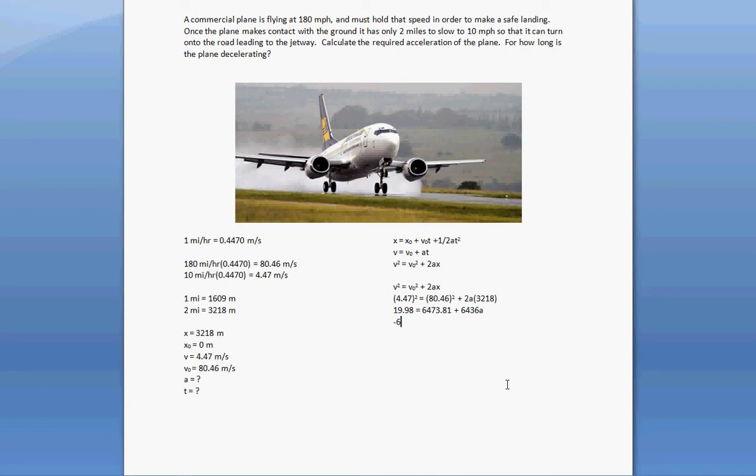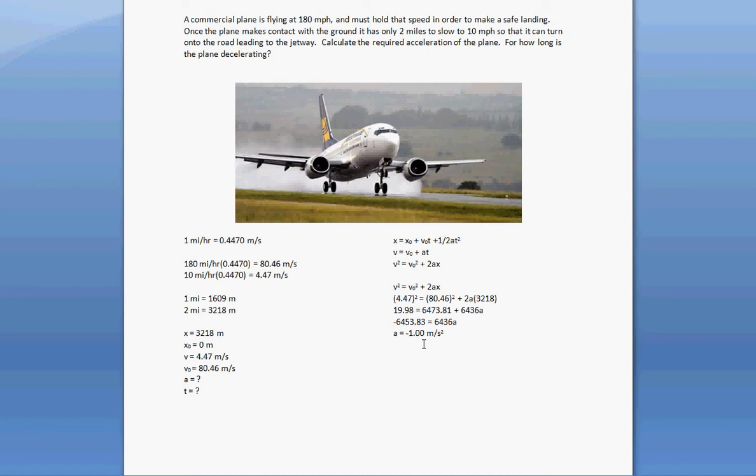Negative 6,453.83 is equal to 6436a. Now we're going to divide both sides by this 6436, and you should get a equals negative 1 pretty much exactly. So the acceleration of the plane is negative 1 meter per second squared.